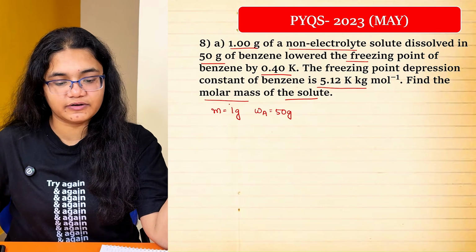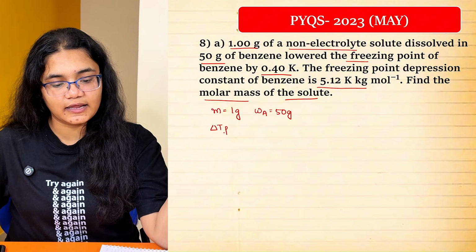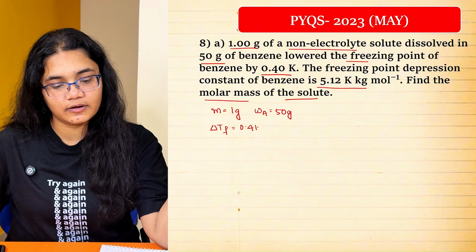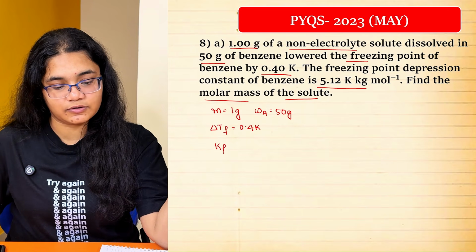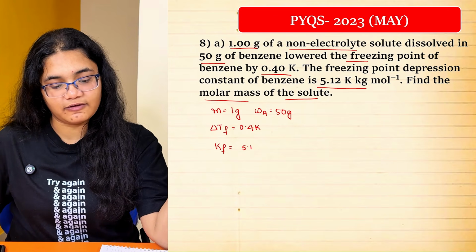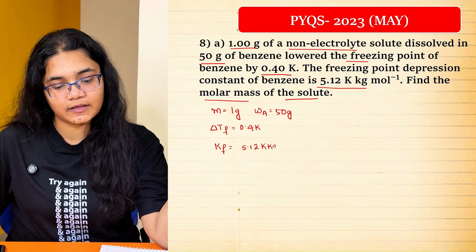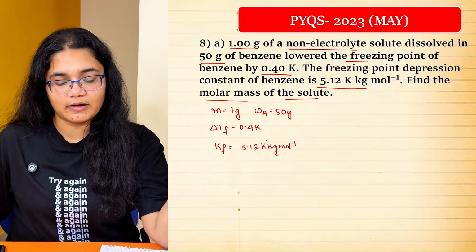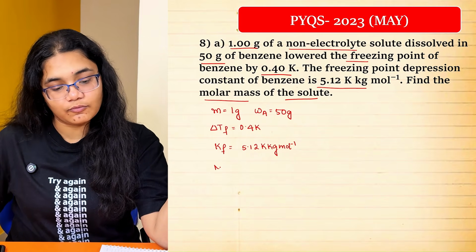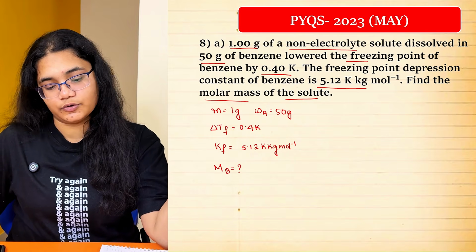Delta TF is equal to 0.4 Kelvin. The freezing point depression constant Kf is equal to 5.12 Kelvin kilogram per mole. You have to find the molar mass of the solute.